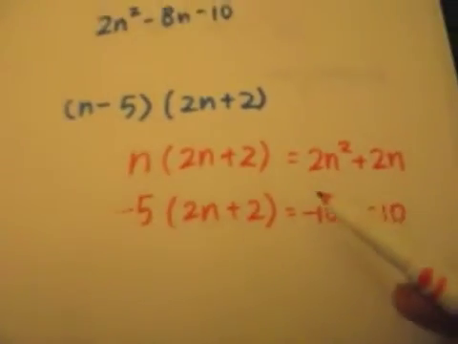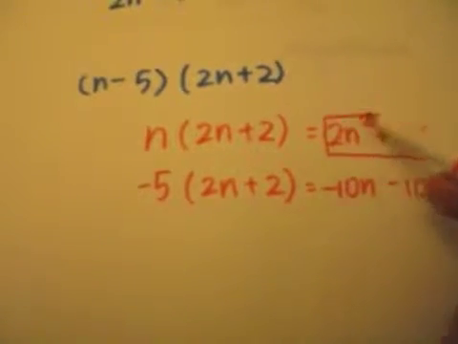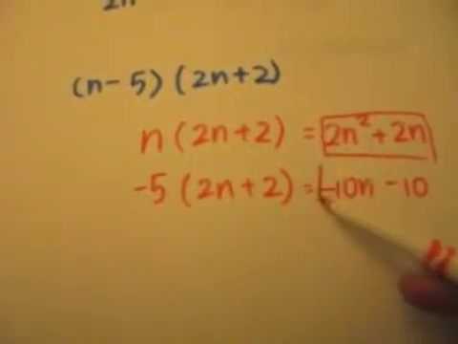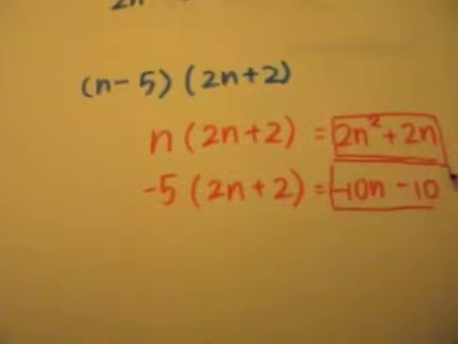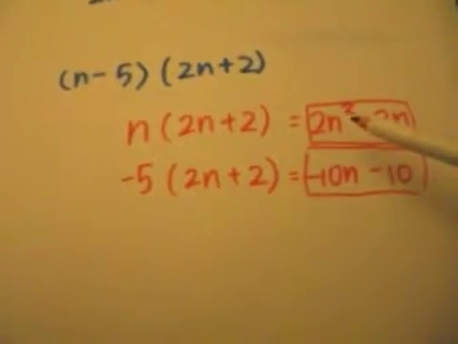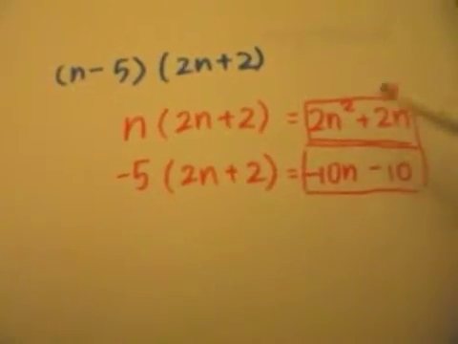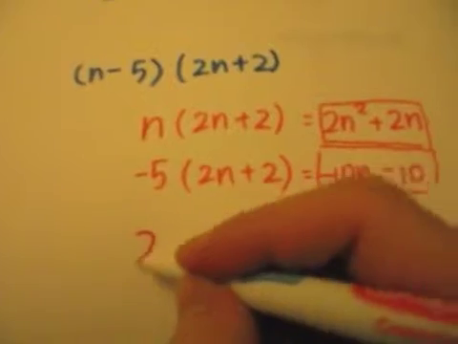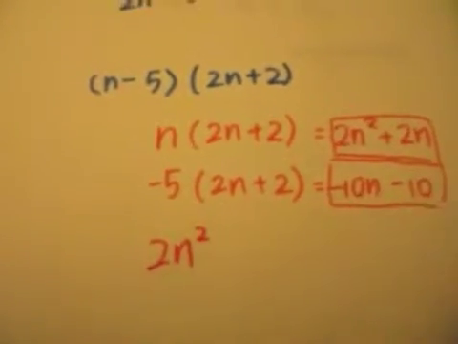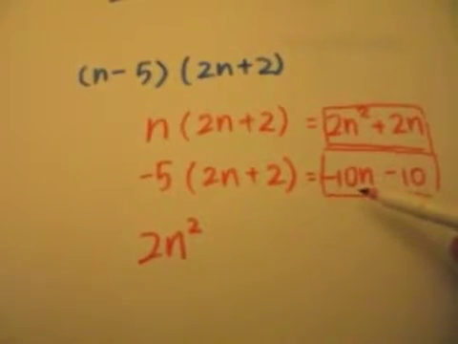Now what do I do with these answers over here? Well, I just add them together. I have 2n squared. There's nothing to add to this. There are no other like terms here, so I'm just going to bring it down. 2n squared. I have the plus 2n and the negative 10n.